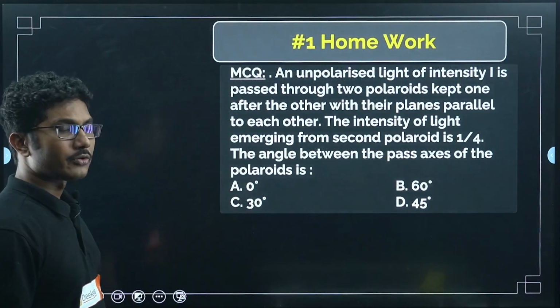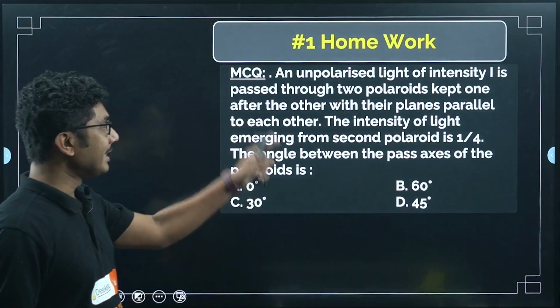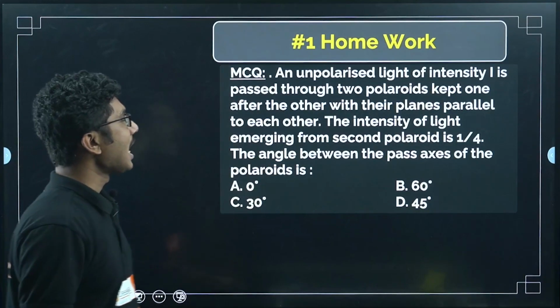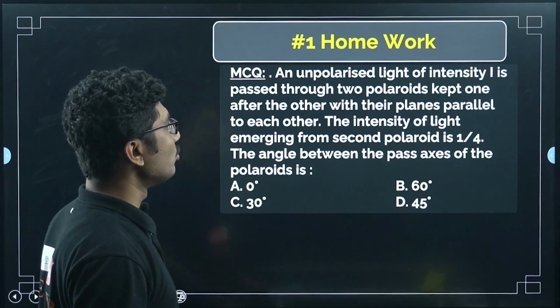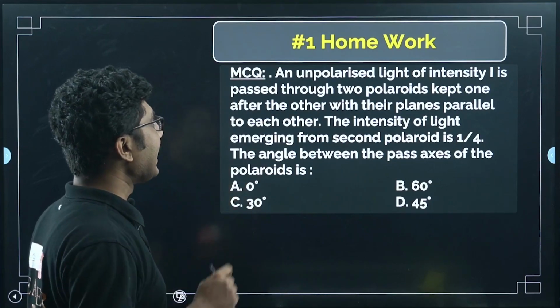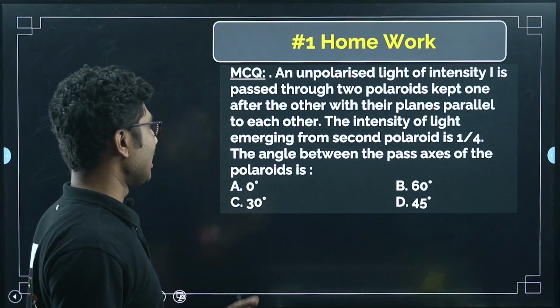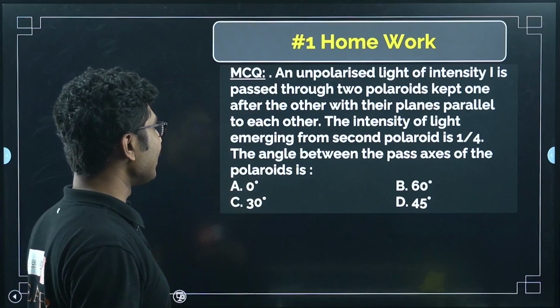Now time for today's homework. You can read the question. I am reading the question for you once. An unpolarized light of intensity I is passed through two Polaroids kept one after another with their planes parallel to each other.